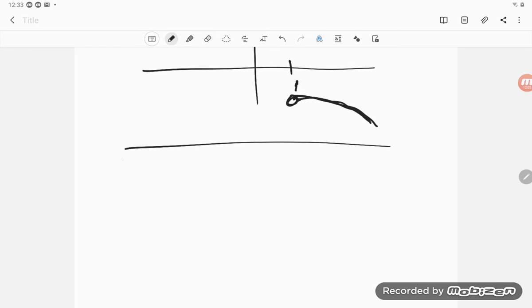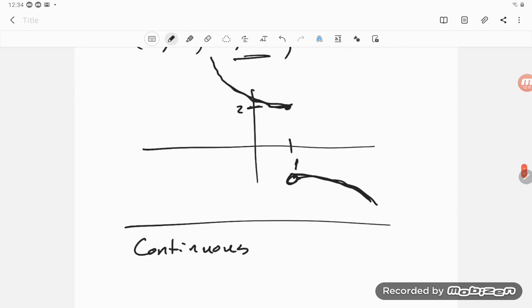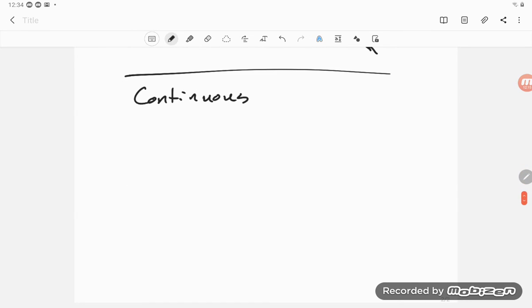So now we're going to say, oh, you have a continuous function. Okay, that's information. So for instance, this one up here, not continuous. So it's continuous.